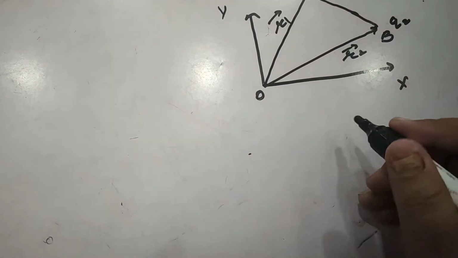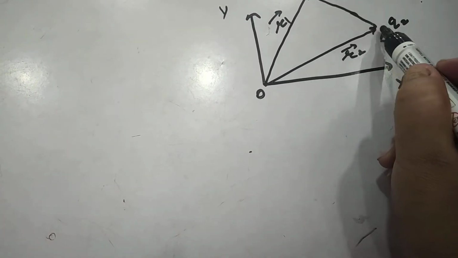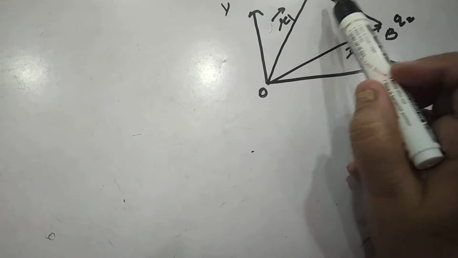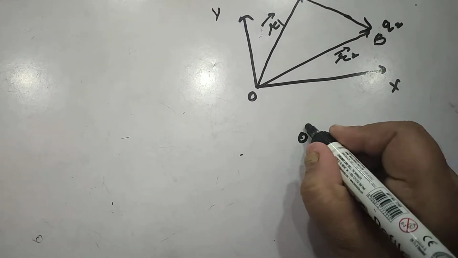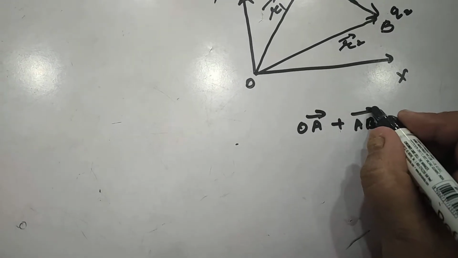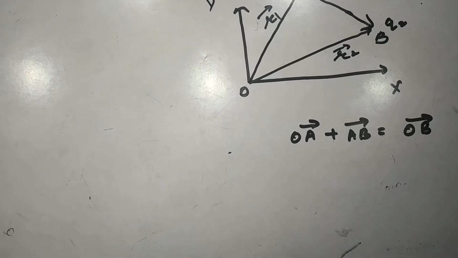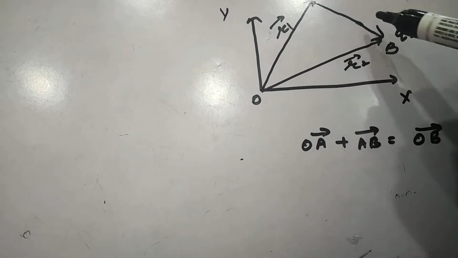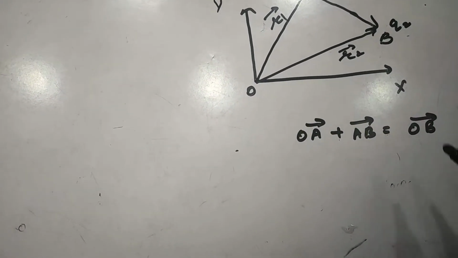Now for the triangle of vector addition, if we are moving from OA to AB, meaning we want to calculate this AB, in that case we will write OA vector plus AB vector is equal to OB vector, which is in accordance with the triangle law: the resultant is given by the third side taken in opposite order, right?